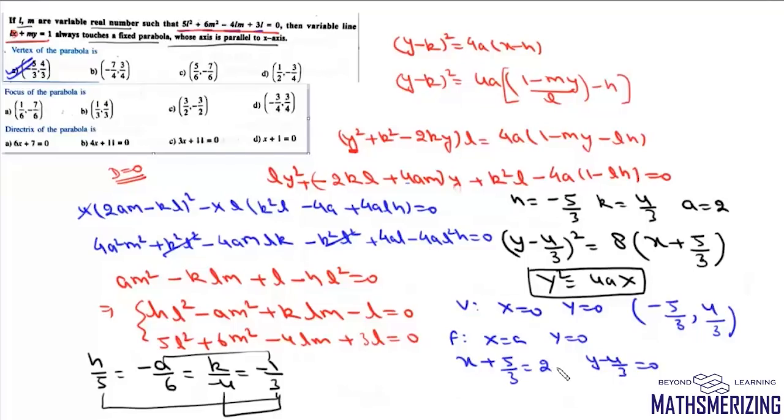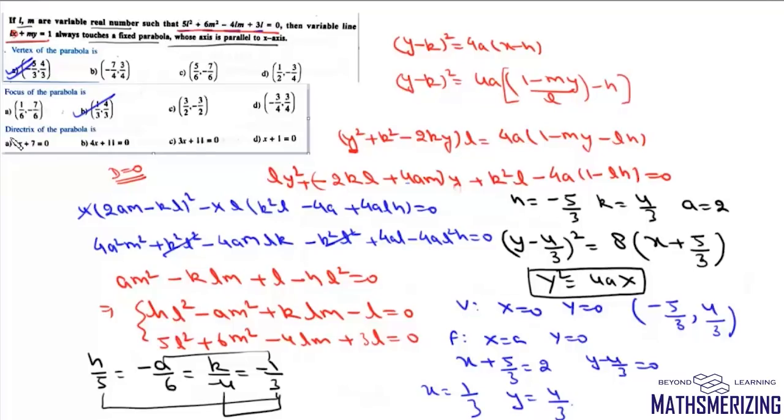So if we take it on the right hand side, we'll get x as 2 minus 5 by 3. So that is 6 minus 5 by 3, so it is 1 by 3 and we'll get y as 4 by 3. So its focus is at 1 by 3 comma 4 by 3. That's your option number B.